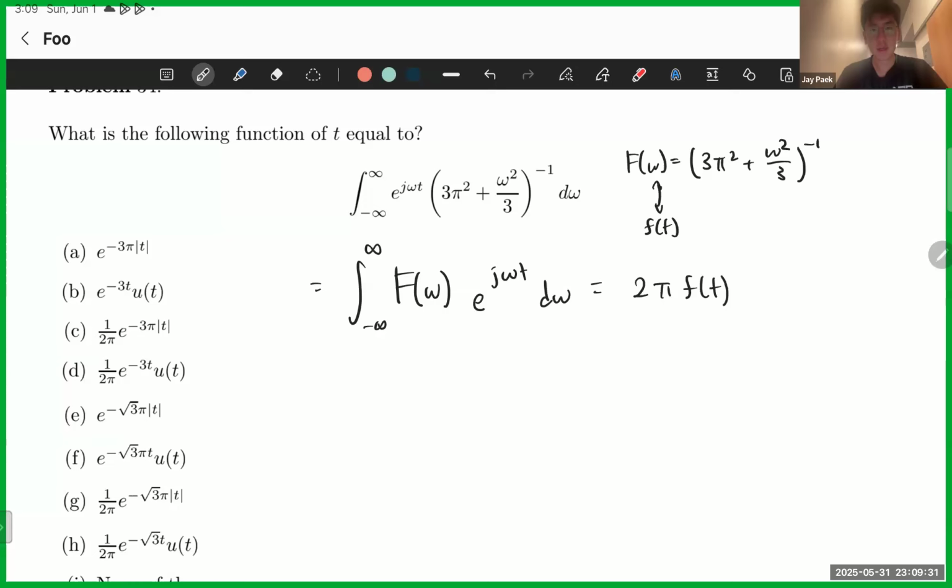This is the really important first observation we need to see: that you could just decompose this and represent it as a time domain function. And now all it suffices for us to do is find out what the inverse Fourier transform of that is, which doesn't look too fun.